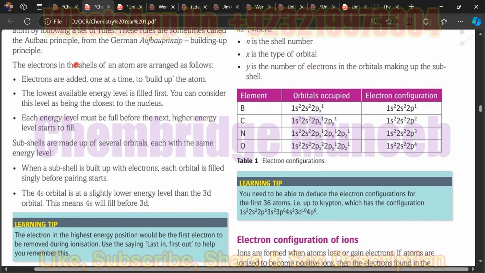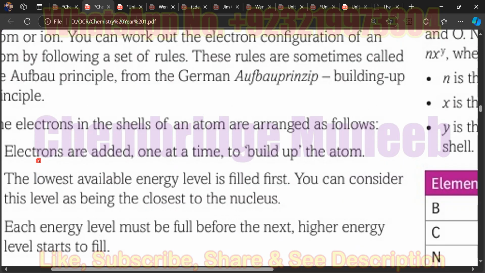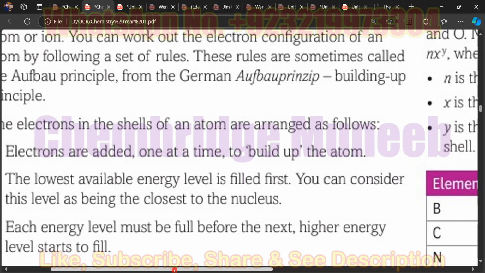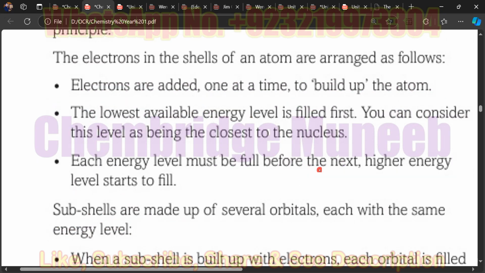There are some rules which need to be followed. For example, electrons are added one at a time, and the lowest available energy level is filled first, which means the one which is lower in energy.